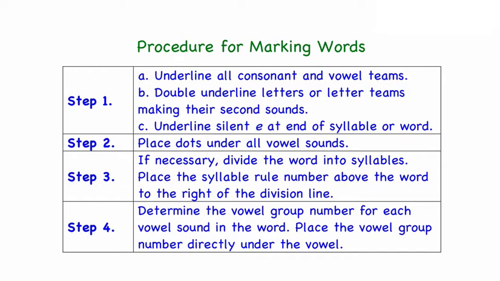Step 3, if we have a multiple syllable word, meaning if we have more than one vowel sound in a word, then we must divide the word into syllables. And if we need to do that, and of course all the words in this lesson are two-syllable words, we assign a syllable rule number above the word. And we write it slightly to the right of the division line. And then our final step is to associate a vowel group number with each vowel sound in a word.